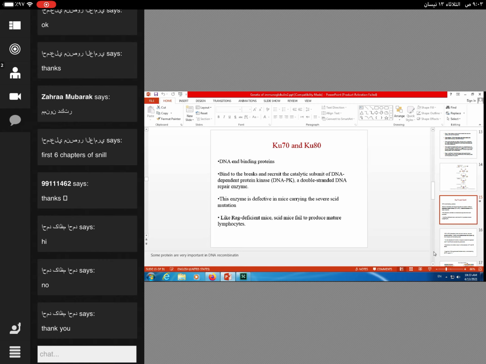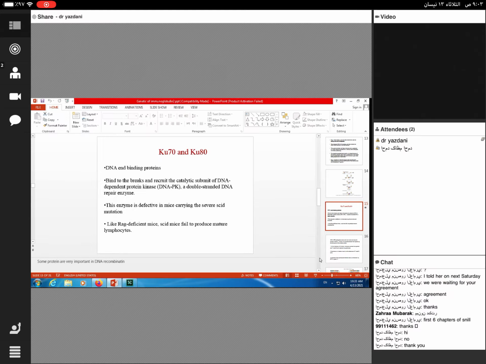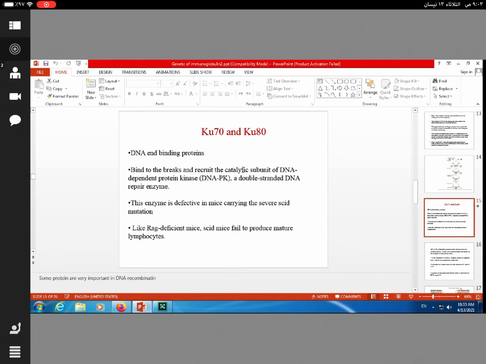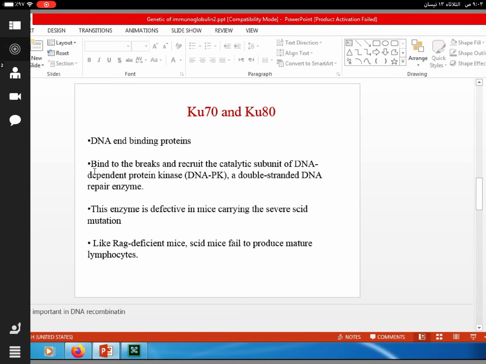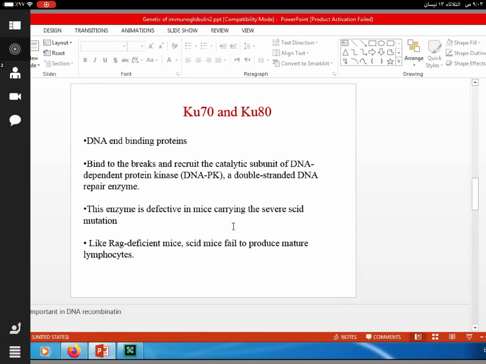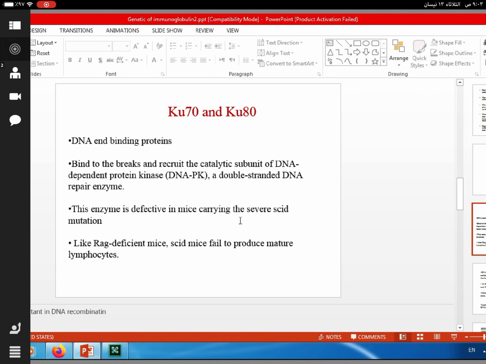Ku70 and Ku80 are DNA end binding proteins and bind to the break and recruit the catalytic subunit of DNA-dependent protein kinase, a double-strand DNA repair enzyme. This enzyme is defective in mice carrying the severe SCID mutation.